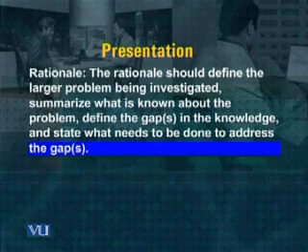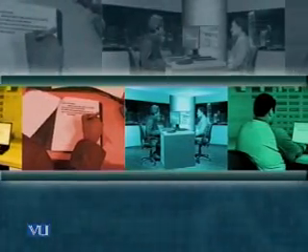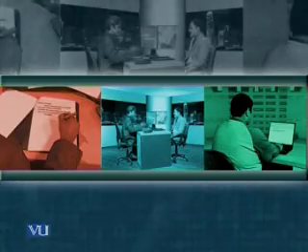So the rationale carries this aspect of your research. It tells the reader that the body of knowledge concerned with your topic has certain gaps, and you are going to give an explanation for filling those gaps.